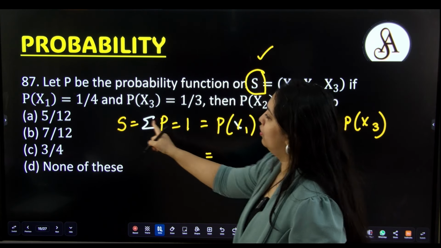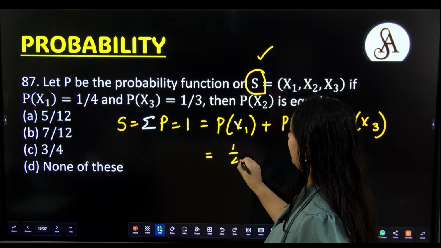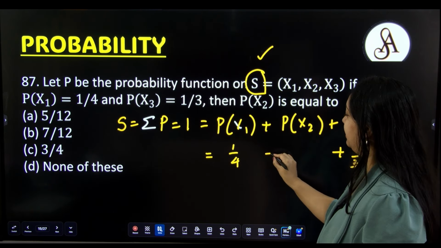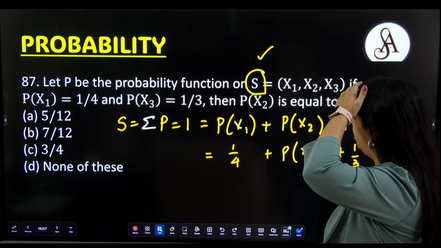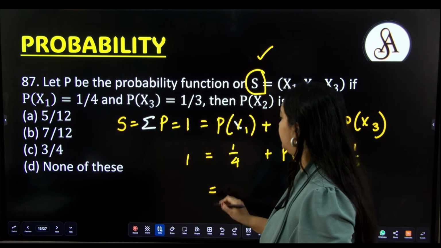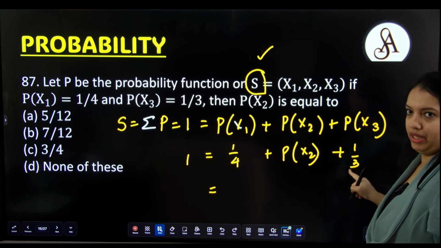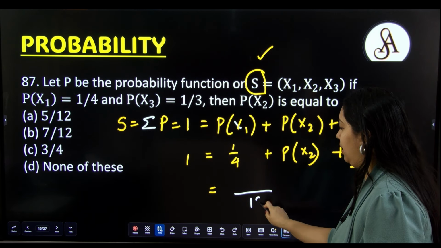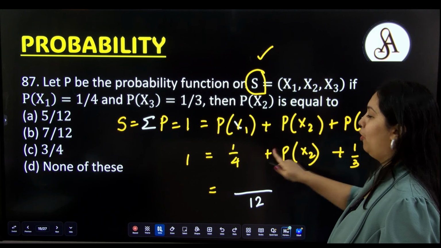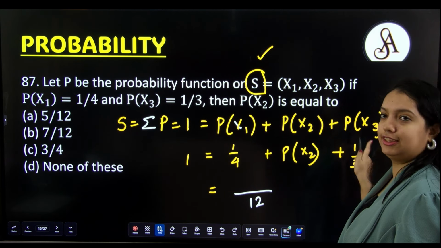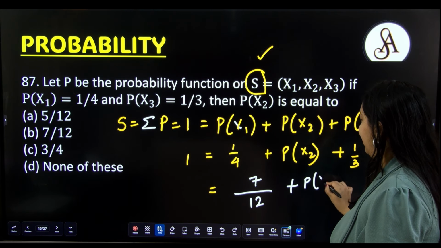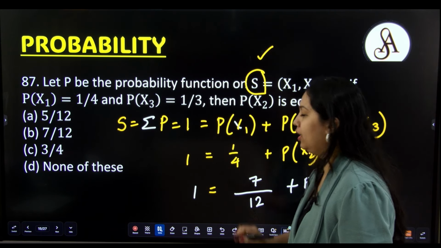I know the value of x1, 1 by 4. I know the value of x3, 1 by 3. Just add these. You're going to get 1 is equal to 1 by 4, 1 by 3. Add them, take the LCM. 4 3s are 12, 3 ones are 3, 4 ones are 4. So 3 plus 4, you are getting the value as 7 by 12 plus P of x2 is equal to 1.